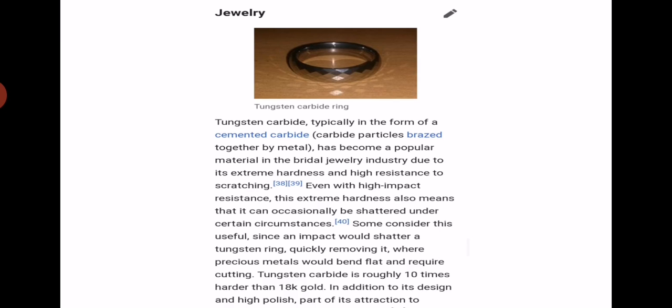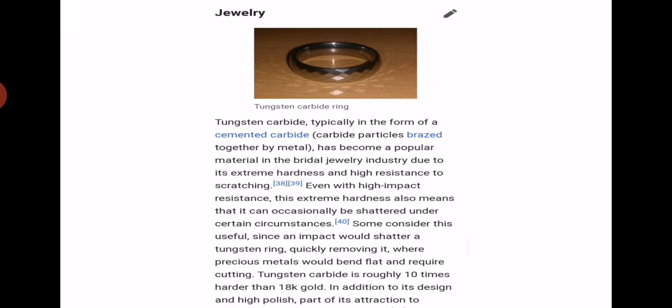Even with high impact resistance, this extreme hardness also means that it can occasionally be shattered under certain circumstances, and some consider this useful since an impact would shatter a tungsten ring quickly, removing it, whereas precious metals would bend flat and require cutting.